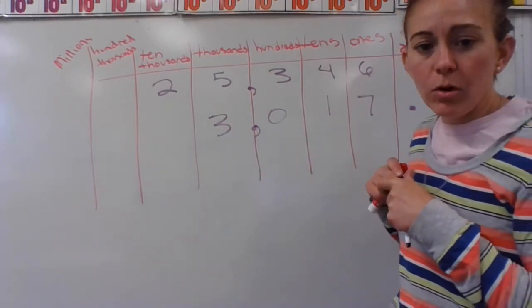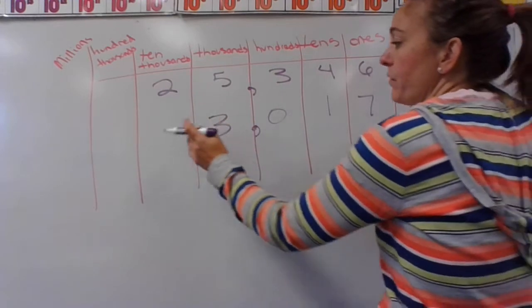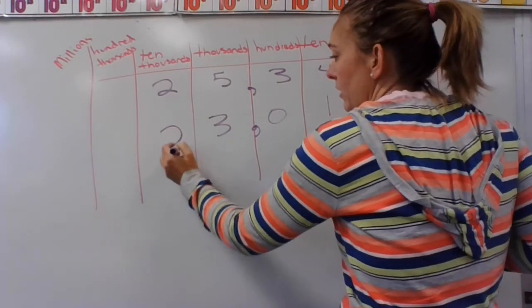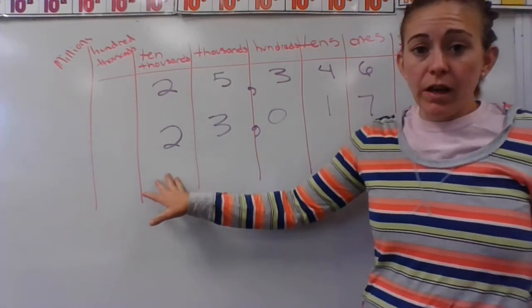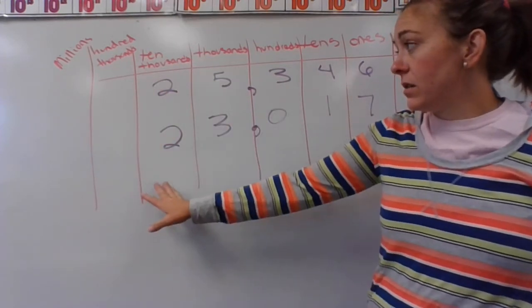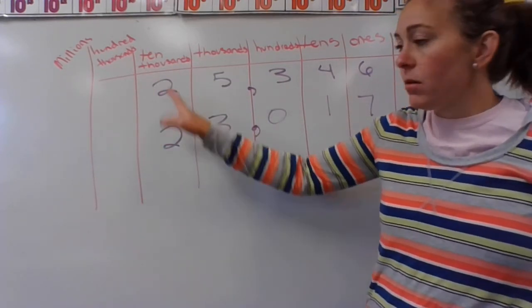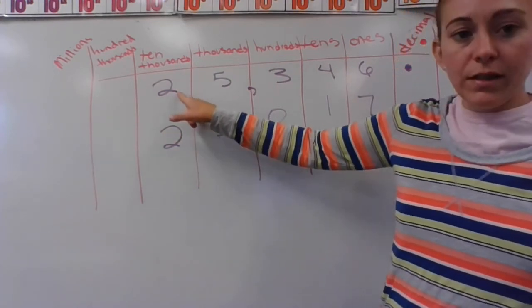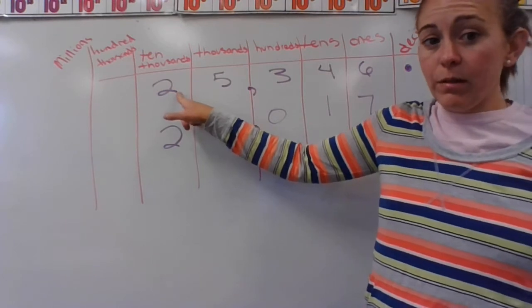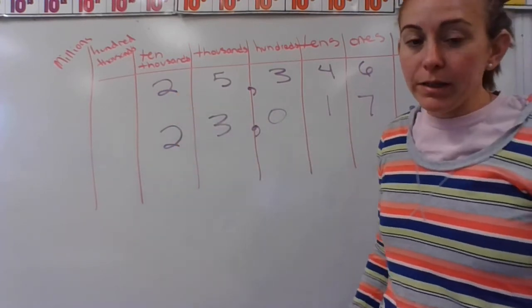Let's give it one more example here. Let's say instead of a 4, we had a 2 right here. All right. So I'm looking at the biggest place value first because this is the 10,000s, and I notice, wait, they're both the same. I have a 2 in the 10,000s and a 2 in the 10,000s. Are they both the same number? Well, probably not.